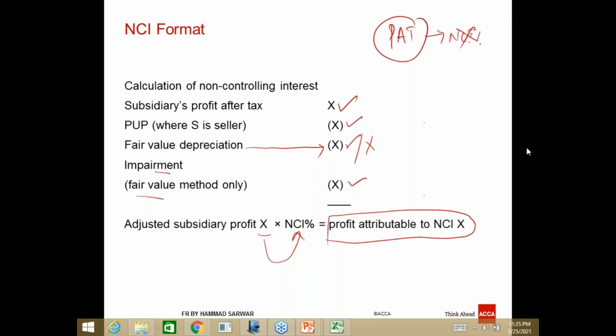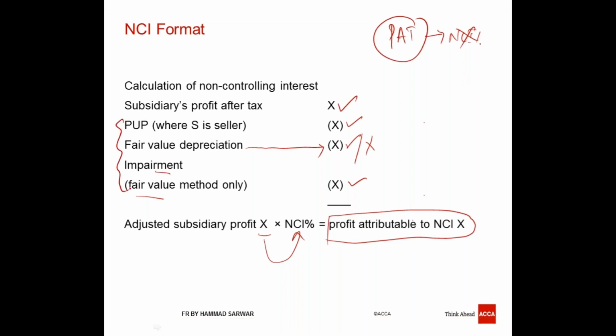So first you need to remove the intercompany finance cost, and then you can take the percentage. Adjusted profit means the profit of the subsidiary company after all the adjustments of consolidation, that is, after the adjustment of these three items. So the final answer will be reported here, and then we will take the percentage.